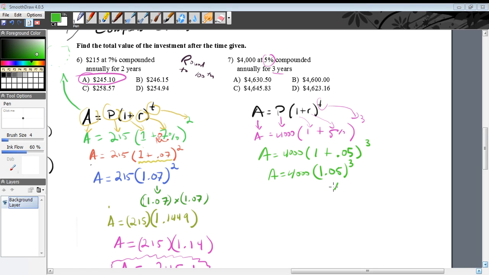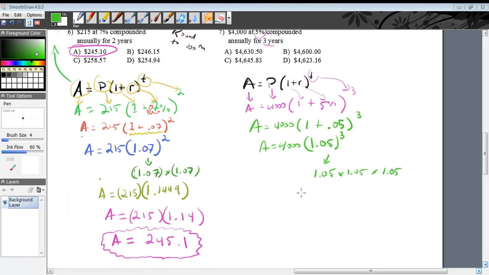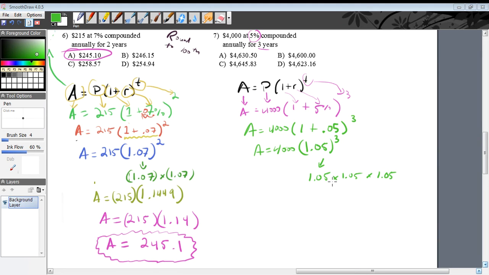Now 1.05 to the third power is 1.05 times itself, 1, 2, 3 times. Now, if you do this multiplication, it's going to take you a while. You can round.